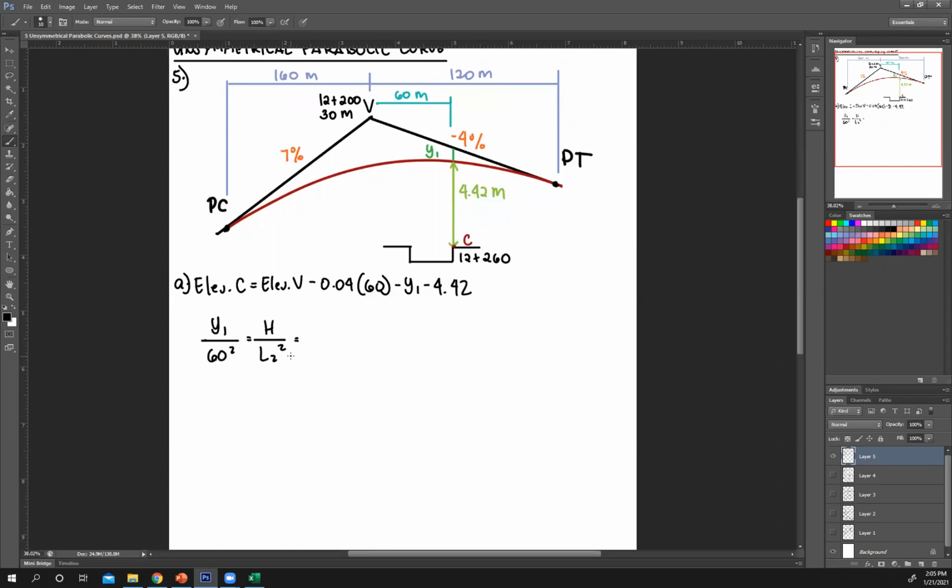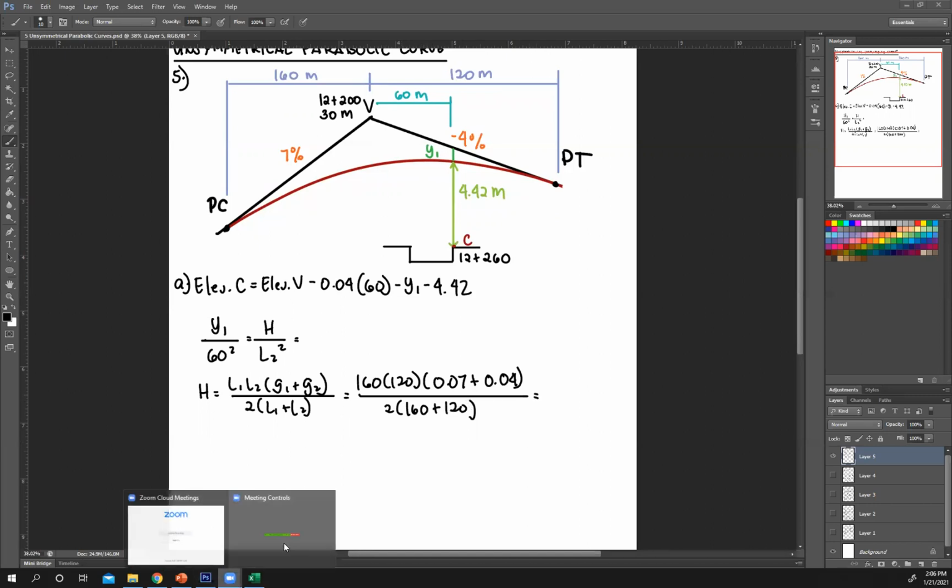So now I need to solve for h. If you remember, h is L1 L2 (G1 plus G2) all over 2 (L1 plus L2). So 120, 160, 120, 0.07 plus 0.04, all over twice 160 plus 120. Please compute what's the value of h then.